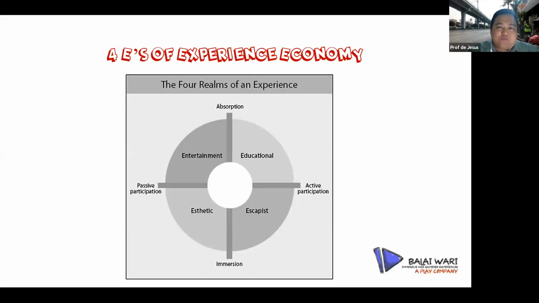So in this case, this 4 E's of experience economy, or what we call the 4 realms of an experience, if you satisfy, so you can see the circle in this graph, this is what we call the sweet spot. If we are entertaining and educational, and we include aesthetics or aesthetic satisfaction. So what are aesthetics? This is basically the criteria on how we measure if a thing is beautiful or not.